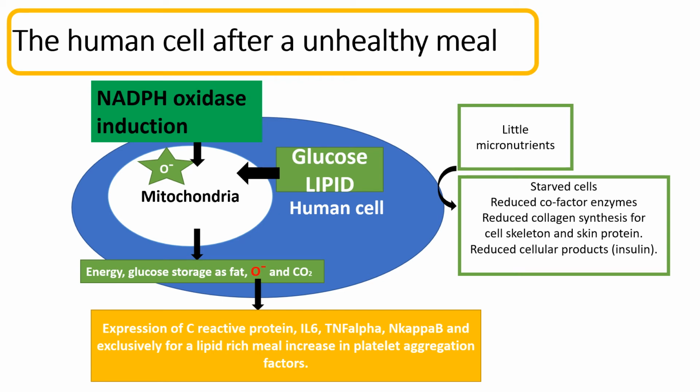Just one unhealthy meal consisting of mainly glucose or lipid results in increase in C-reactive protein, interleukin-6, TNF-alpha and NF-kB. They will initiate inflammatory cascades of the immune defense, which result in degradation of the local tissue. The lipid-rich meal also increased the blood coagulation factors involved in blood platelet aggregation.